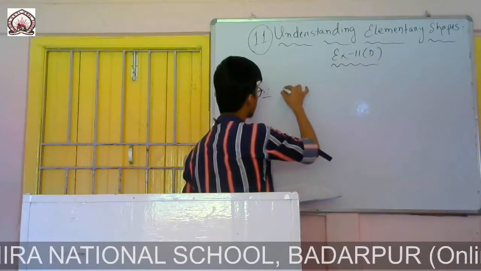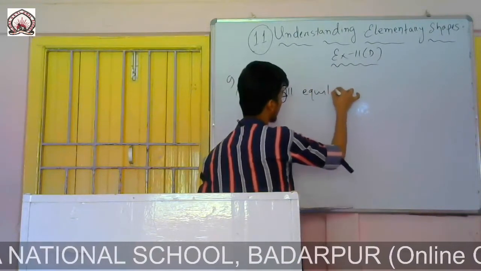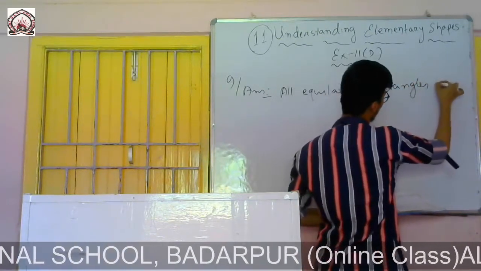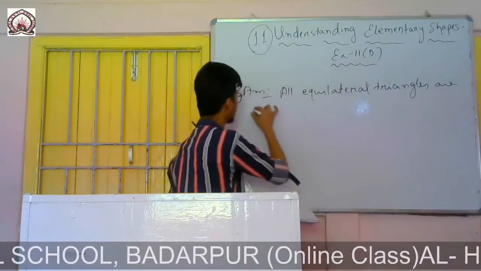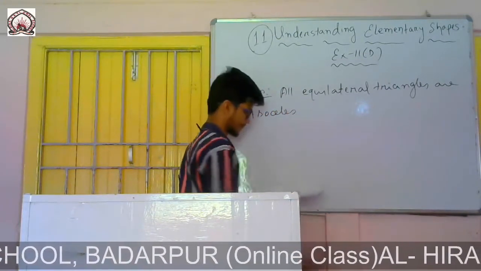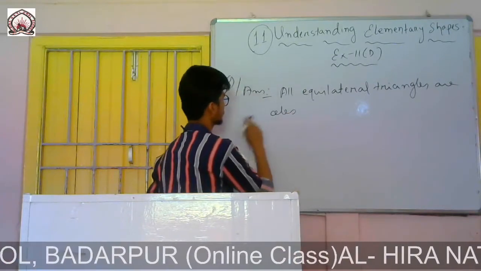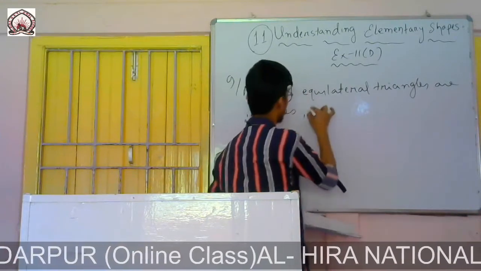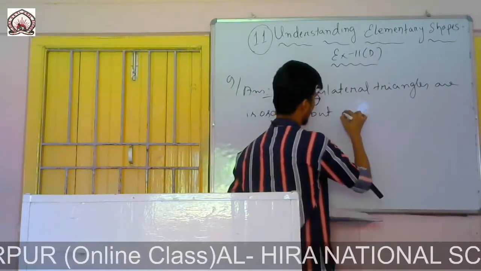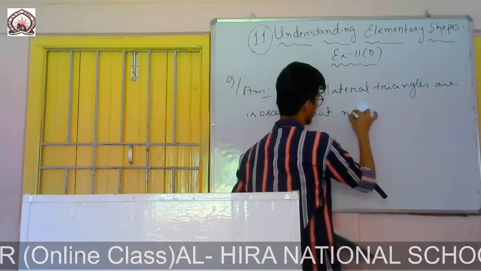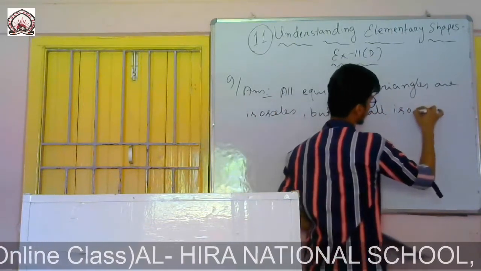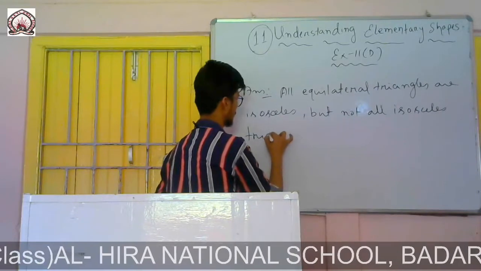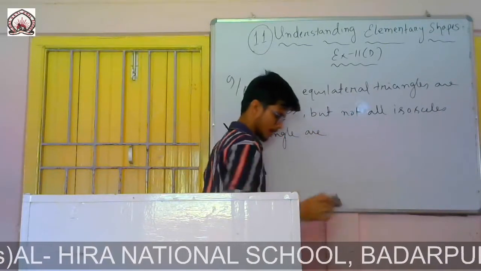All equilateral triangles are isosceles, but not all isosceles triangles are equilateral.